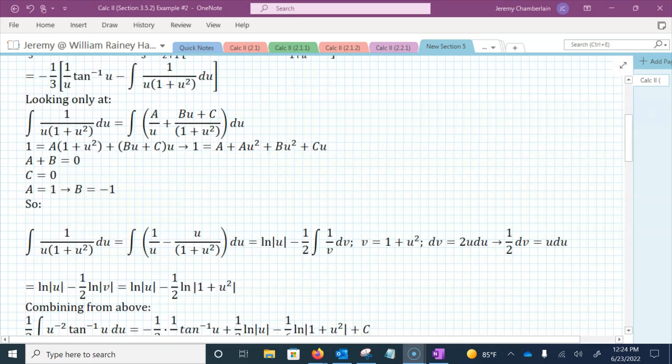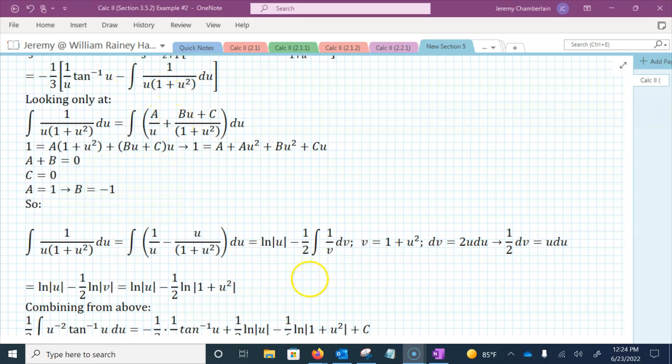If I replace that here, I'm going to get minus 1/2 times the integral of 1 over v dv, and that's going to be a natural log of v, with a minus 1/2. But v is 1 plus u squared. So I'm going to have natural log u minus 1/2 natural log of 1 plus u squared. So there we have it. That's the integral of this piece here.